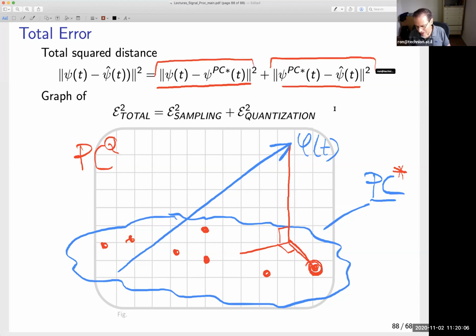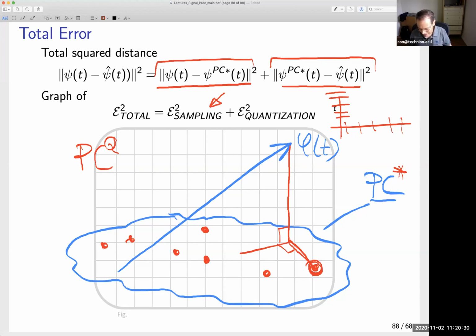One of them is the result of the sampling along the t or the x-axis, and the other one is contributed by quantizing along the y-axis. Okay, along these values. And this is a nice way of looking at it. I mean, you can split the problem, roughly saying, into two. And now the question is, how do we continue from here?